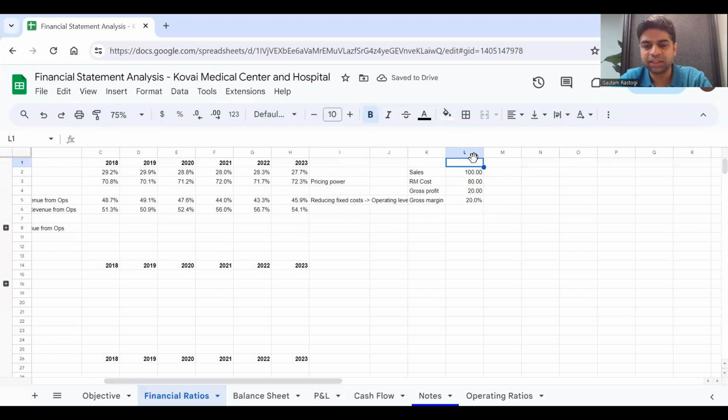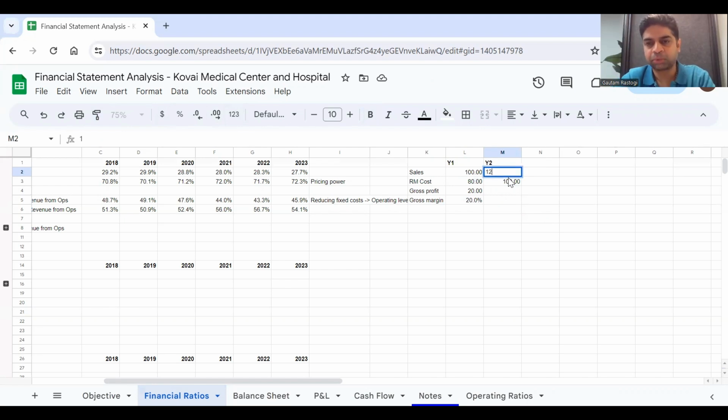Now say this is year one, and next year there's an increase in the cost of raw material by 20. So the raw material is now 100. Because the company had pricing power, it was able to pass on this increase in cost of raw material to its end customer.